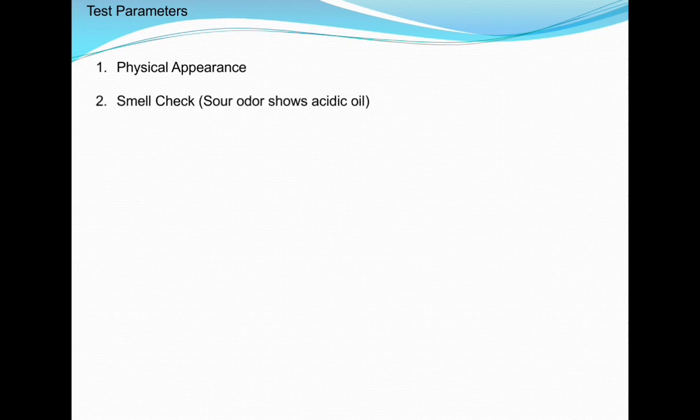Then the second one is the smell check. If you smell that oil, there might be an acidic, sour, pungent, or rotten type of smell, then you can know the contamination level. Then the third may be change in color, which is a part of physical appearance.